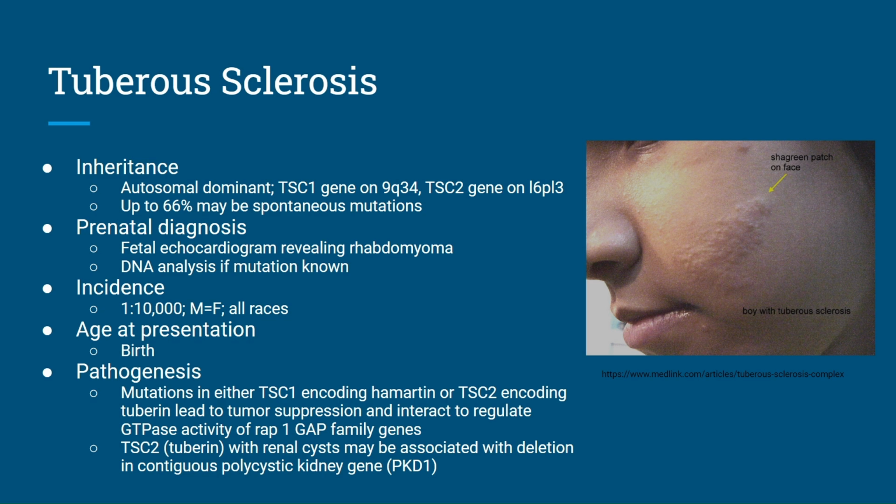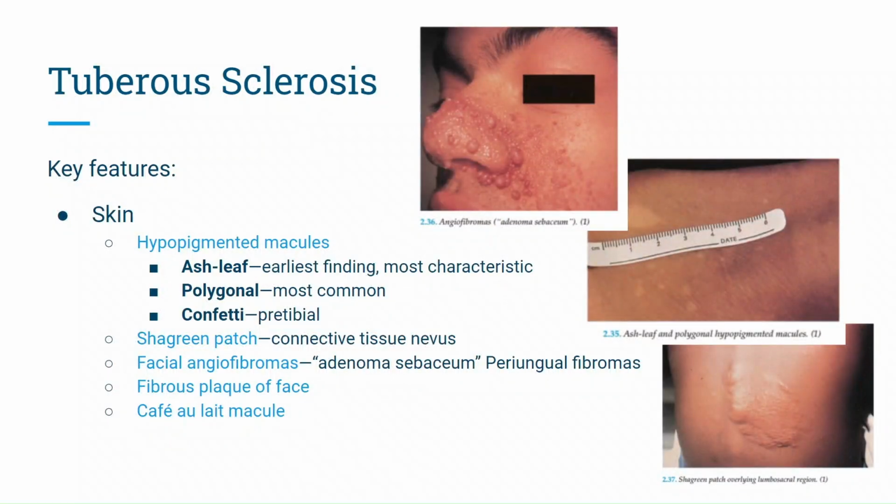TSC2 tuberin, you can see renal cysts with tuberin, and may be associated with deletions in contiguous polycystic kidney disease or PKD1. So it just so happens that the PKD1 gene is close by to the TSC2 gene, and you can see a concomitant deletion.